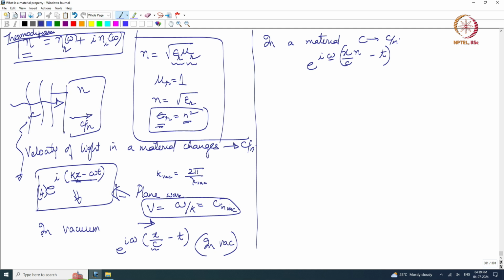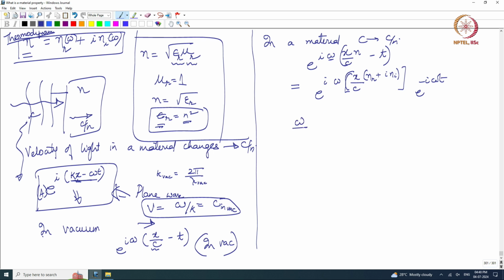That is equal to e power i omega x by c times n, this time n is a complex number, n_r plus i n_i, times e power minus i omega t, right. So this is how I am going to write it.